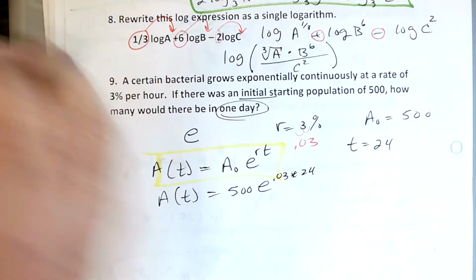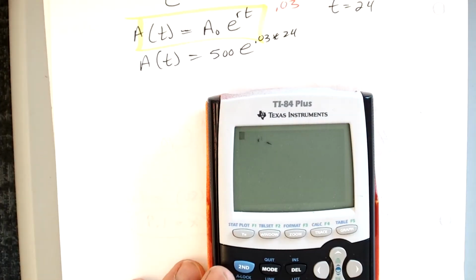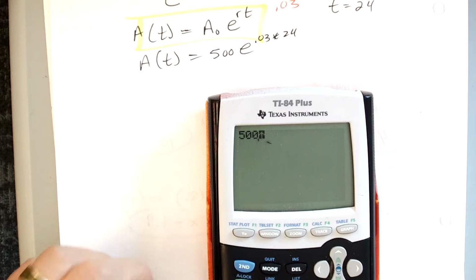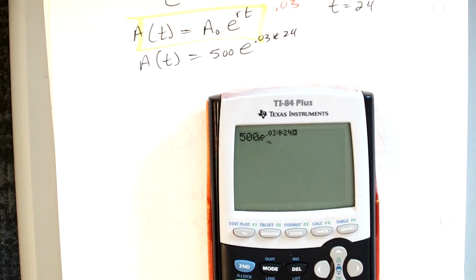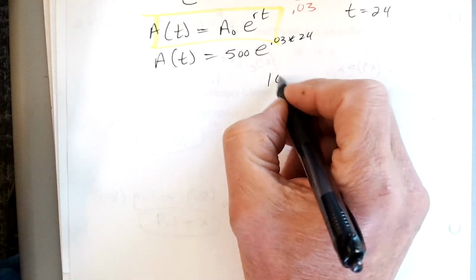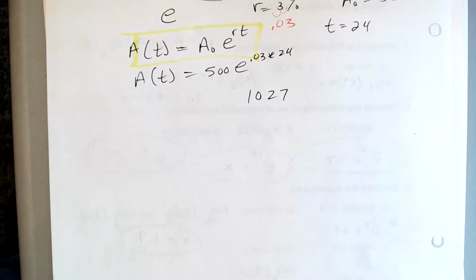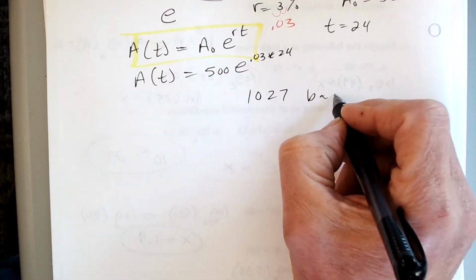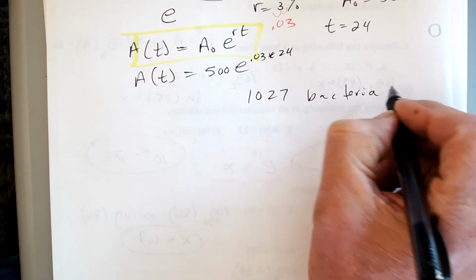Now I'm going to need a calculator. Okay, so I get out my 500. And I'm going to use my e button to the 0.03 times 24, and I get about 1,027. And that's in terms of bacteria cells.